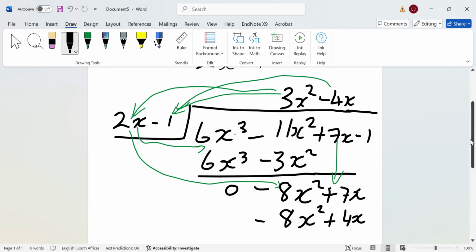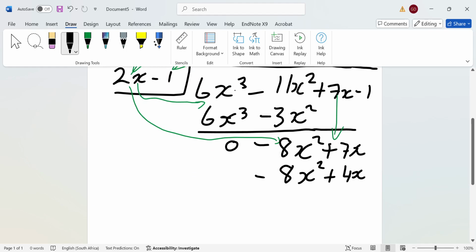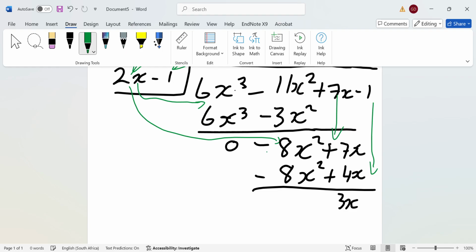So now as you go down, you can see that negative 8 subtract negative 8 here, you're going to get a 0. And then 7x subtract 4x, then you're going to get 3x. So you can write 3x there, and then you bring down the negative 1.